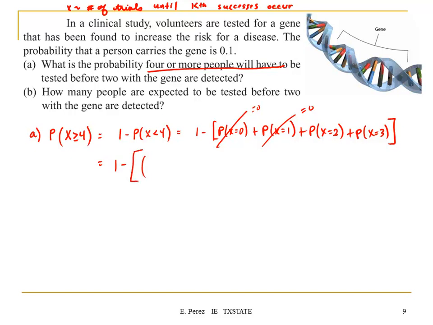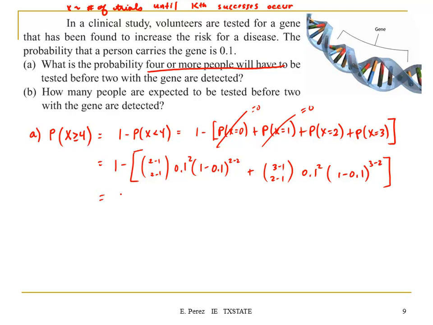you're going to use the negative binomial, (2 minus 1 choose 2 minus 1) times 0.1 squared times (1 minus 0.1) to the 2 minus 2, plus (3 minus 1 choose 2 minus 1) times 0.1 squared times (1 minus 0.1) to the 3 minus 2.